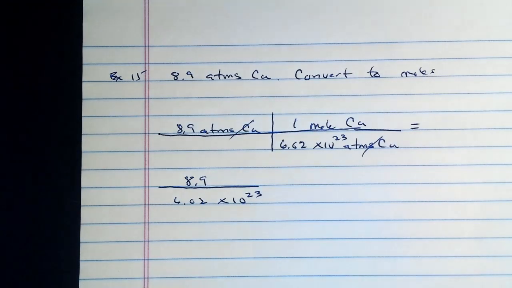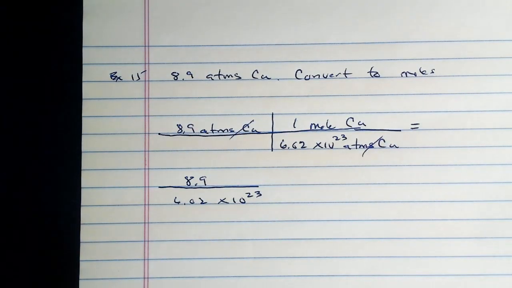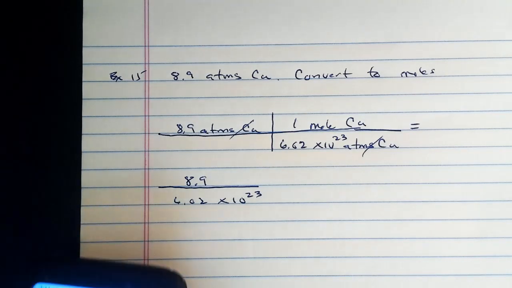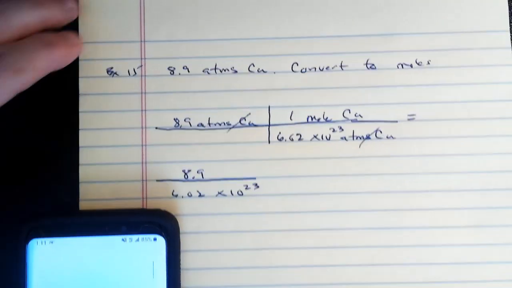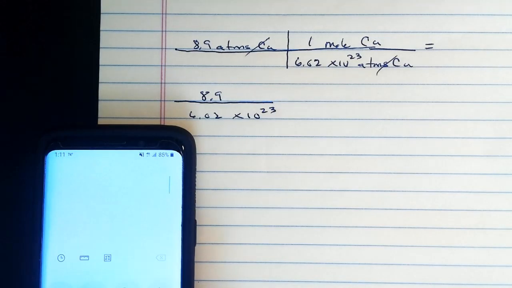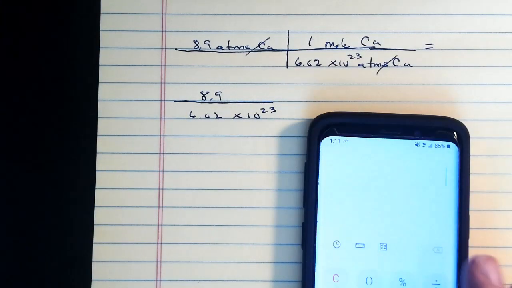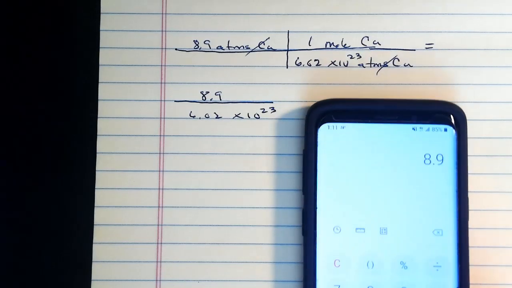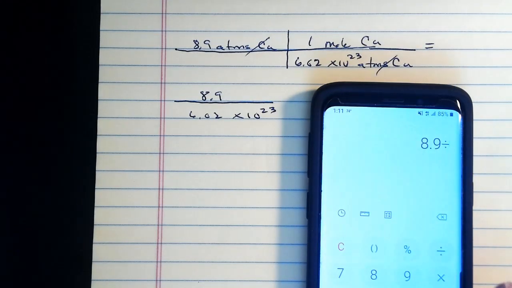What I would do first is the division of the numbers first. So let me get out my handy dandy calculator on my phone. We're going to put in 8.9 and divide it by 6.02.